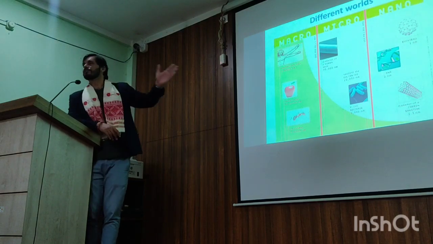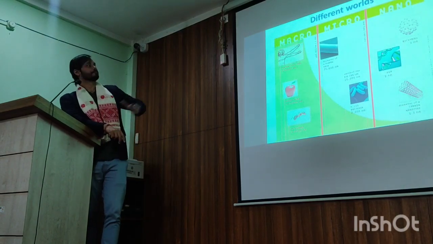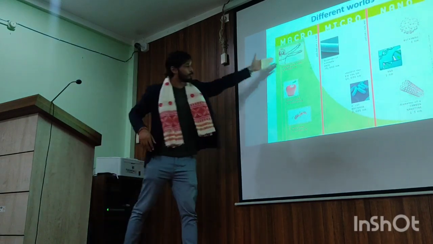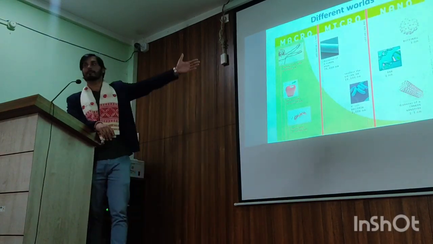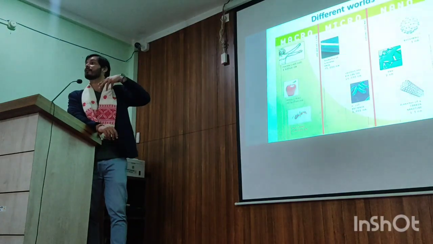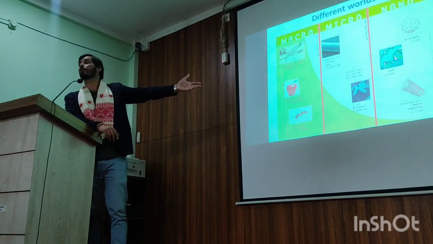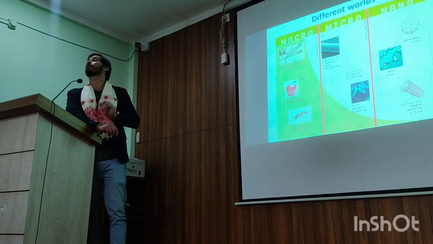Now, to divide, we have three worlds. Macro, which is where we are. Then there is the micro world, which includes things like human hair and naturally occurring E. coli bacteria, which is also in the range of micrometer.